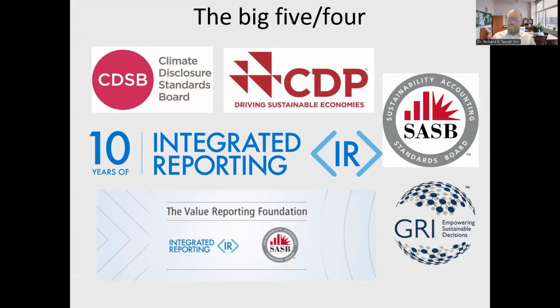These two used to be standalone bodies, but they came together, formed one group, and changed the name to the VRF, Value Reporting Foundation, right? So that's 10 years of integrated reporting. Looking at the climate, we also have the Climate Disclosure Standards Board, and we have the CDP.